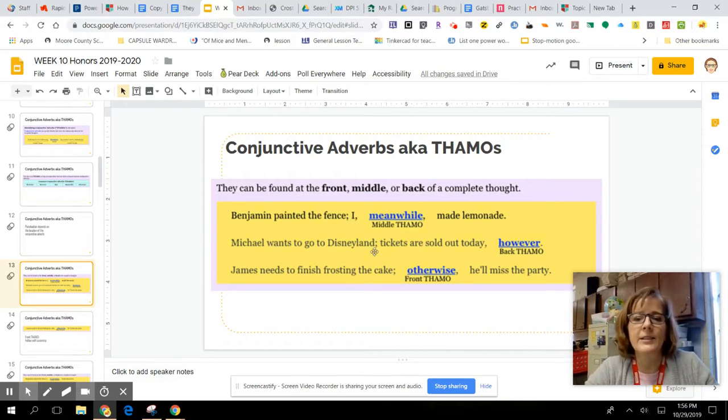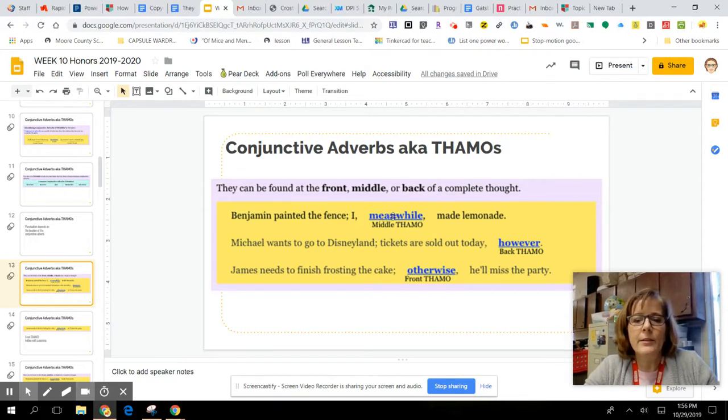So that is the structure of the samples that you'll see on No Red Ink, but just be aware that the THAMO can relate to just a single independent thought as well. And that's what you're looking at if you just focus on the back half of each of these sentences after the semicolon.